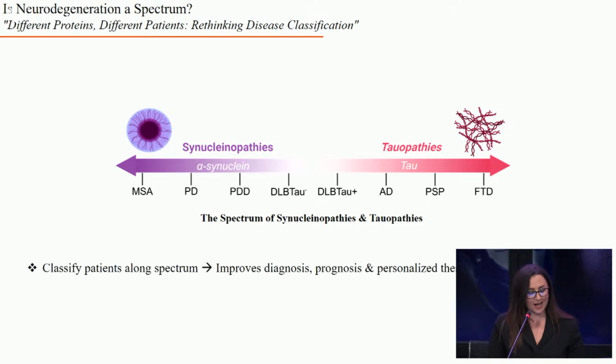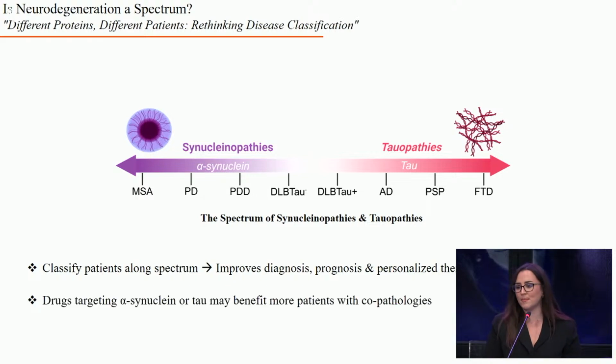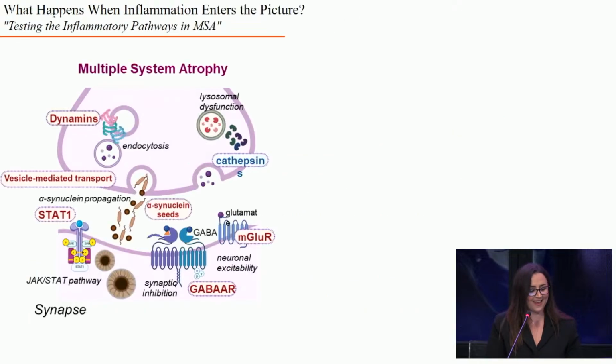If we are able to classify patients along this spectrum, it would improve diagnosis and therefore prognosis, and also give way for more personalized therapeutics based on these 2 proteins. As recently, more drugs targeting alpha-synuclein in particular, or tau, have been coming onto the field, and therefore patients that fall along this spectrum may benefit from both types of therapeutics.